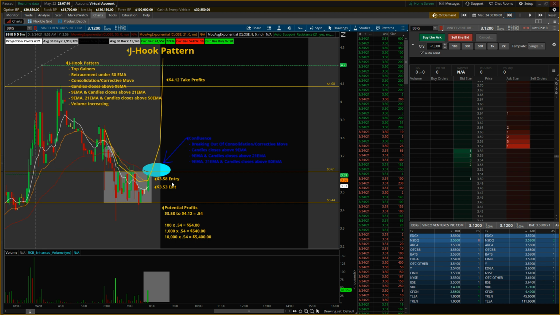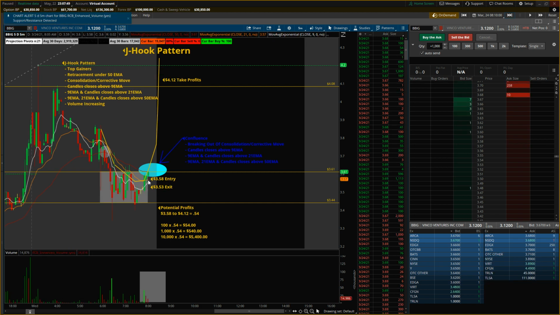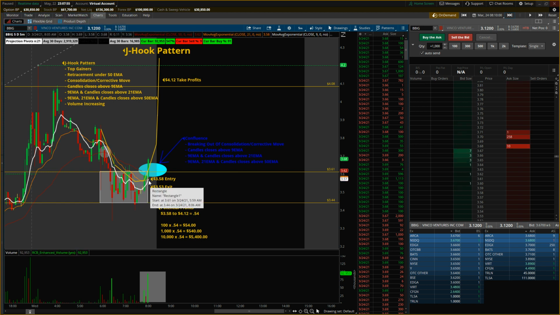Let's say you got the entry, average cost of the stock was 358, so you're in. We're going to see the candlesticks start closing above the 9 EMA, and then also closing above the 21 EMA, and then the 9 EMA is getting ready to cross over. This is the area of confluence right here, in that light blue.